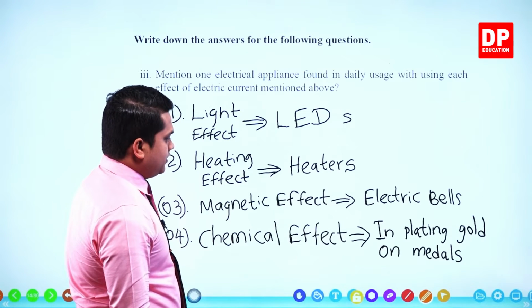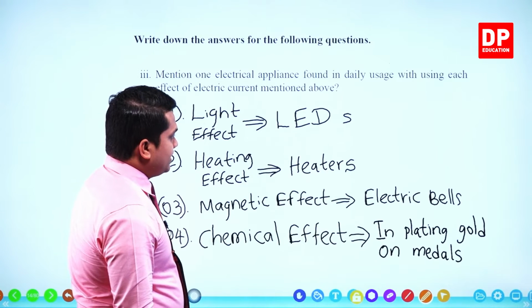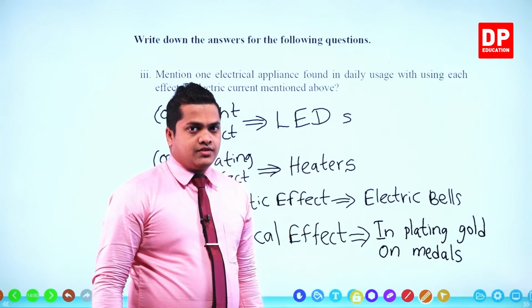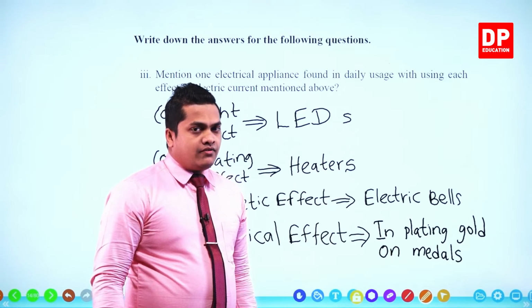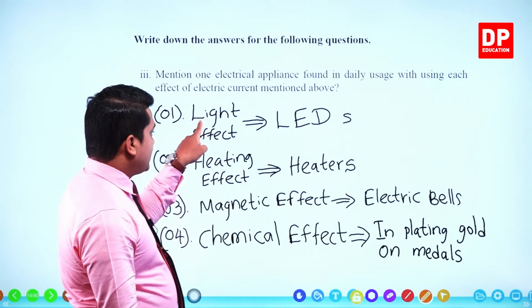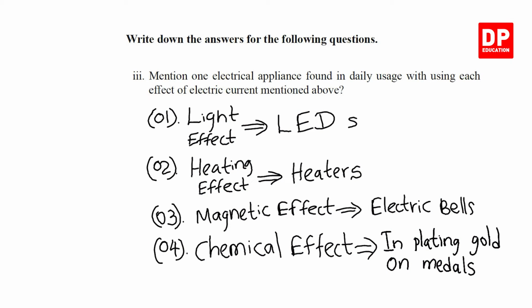Right, so these are the special instruments, electrical appliances that we utilize in our day-to-day life that give light effect, heat effect, magnetic effect and chemical effect.